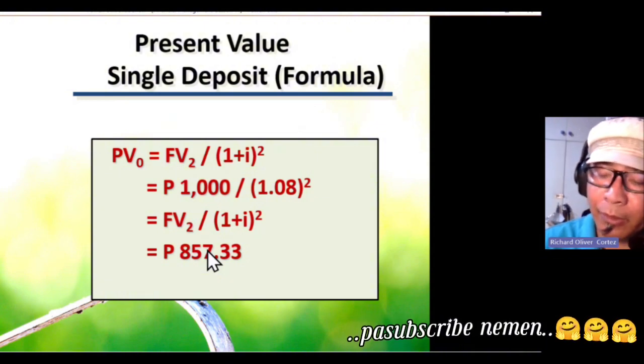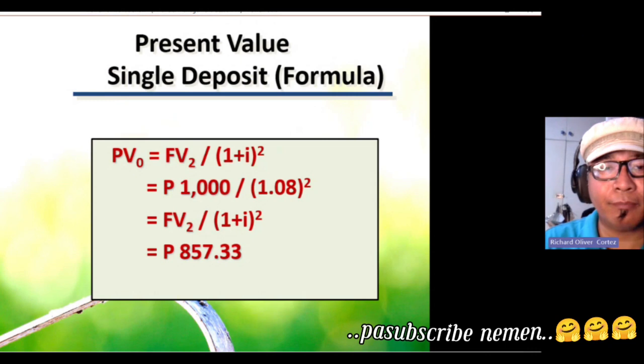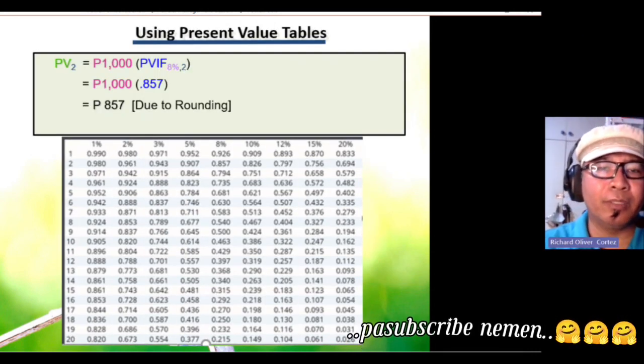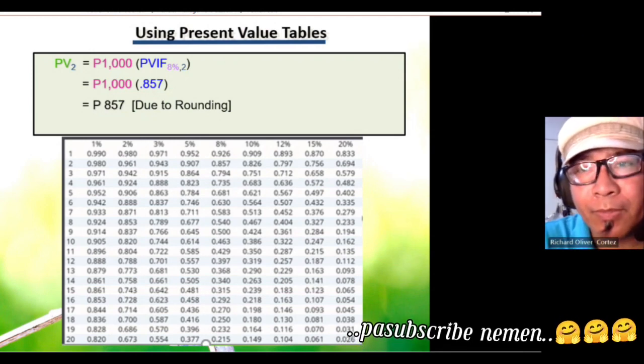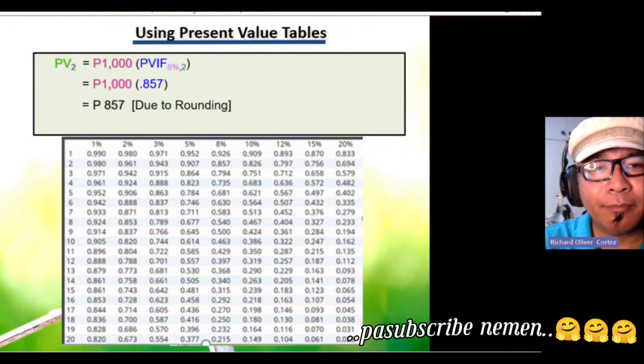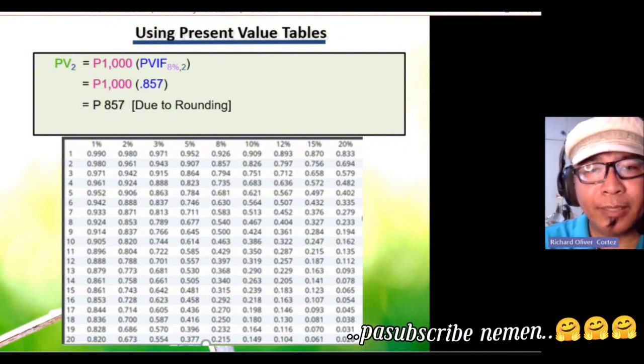Okay? Now, using the table, ganun pa rin ba yung result? Right? Hanapin natin. Ang problem natin, 1,000 to be compounded annually sa loob ng 2 taon.